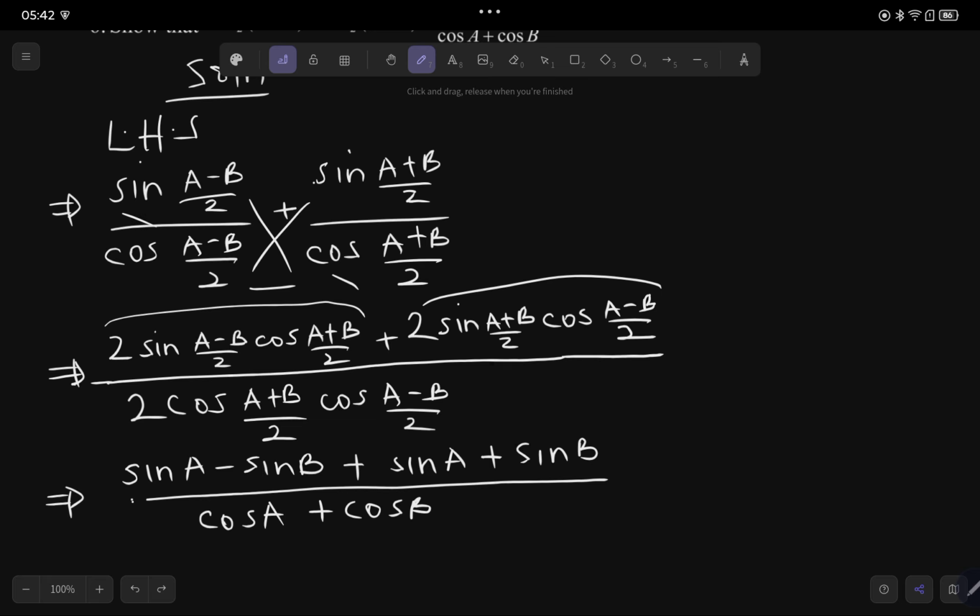Now, sin b will go with sin b, negative plus a positive, then we have 2 sin a. This will be 2 sin a out of cos a plus cos b.